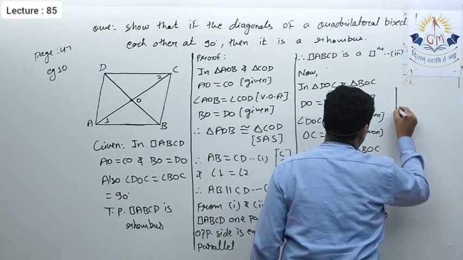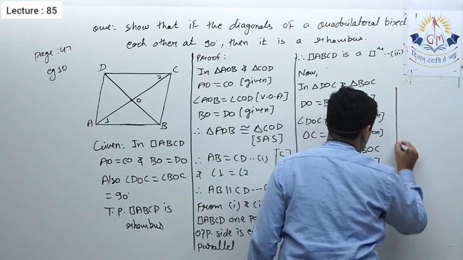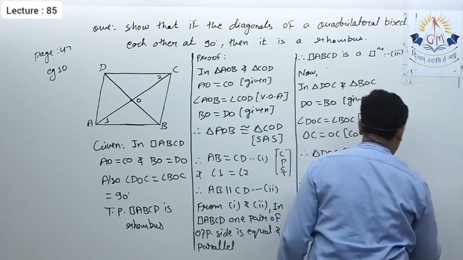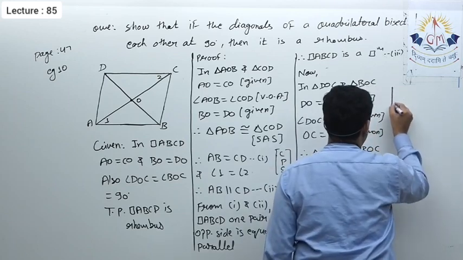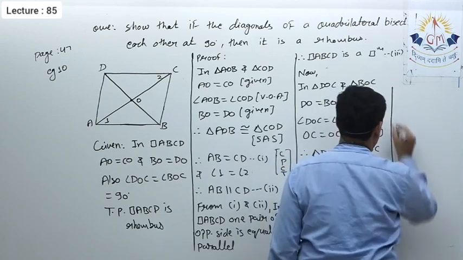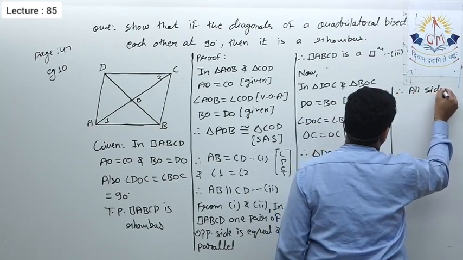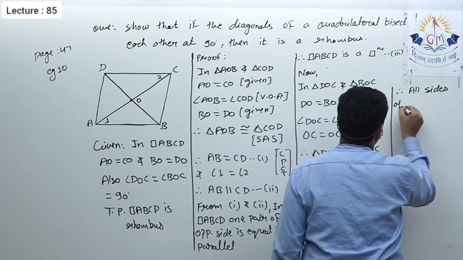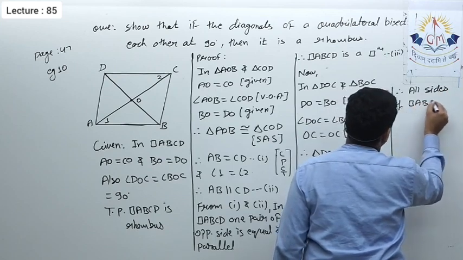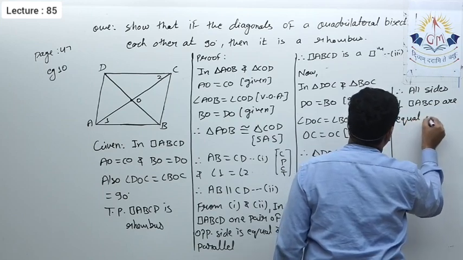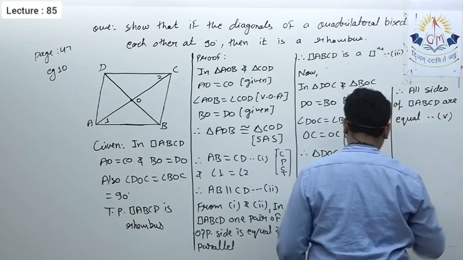Therefore I can say all sides are equal. Therefore all sides of quadrilateral ABCD are equal. Let it be equation number 5.